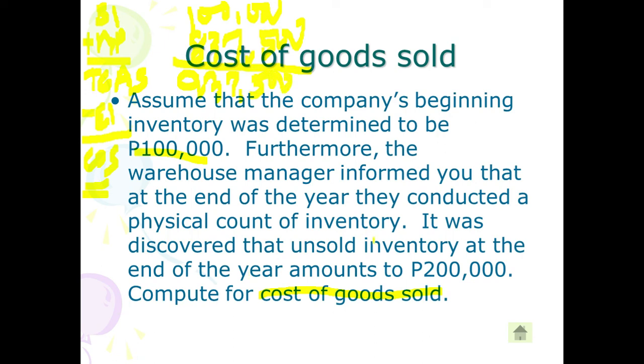To that, you deduct your ending inventory of 200,000. So to repeat, that's 100,000 plus 837,500 minus 200,000, our ending inventory. Therefore, our cost of goods sold is 737,500.